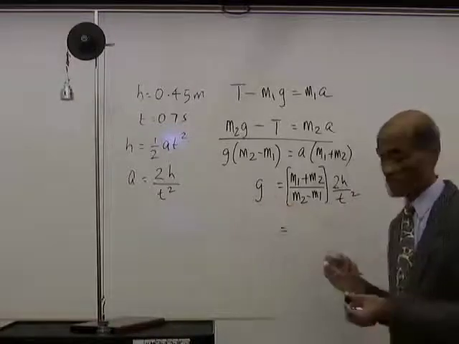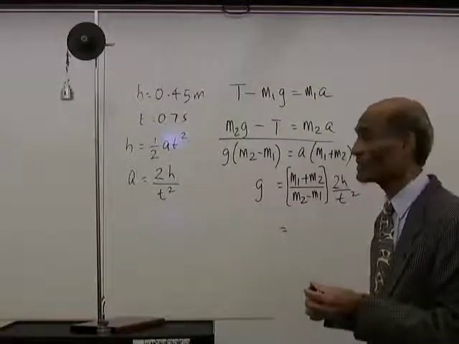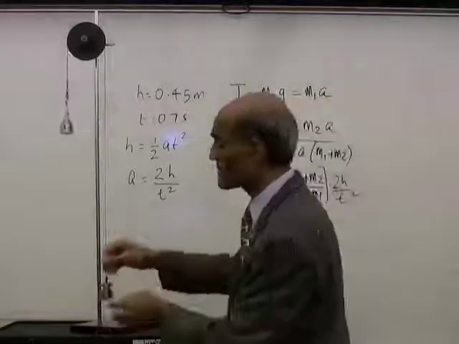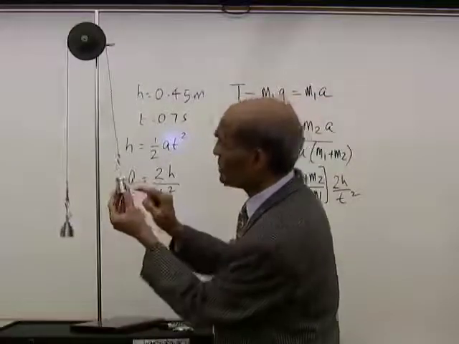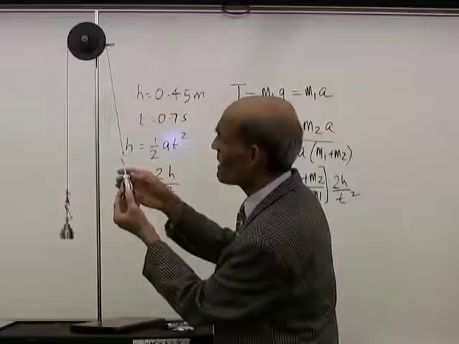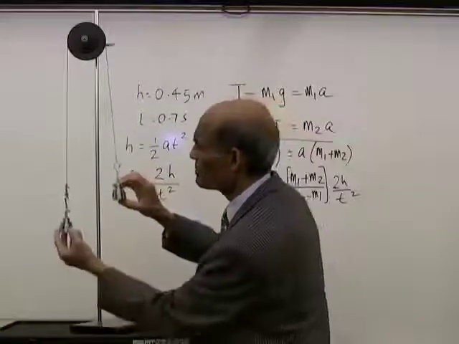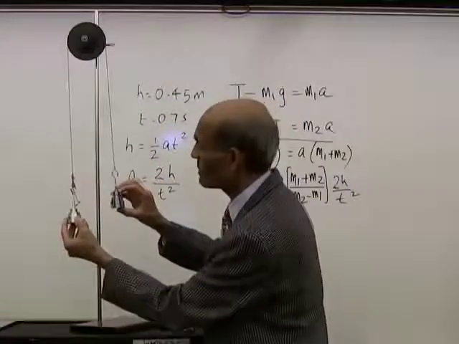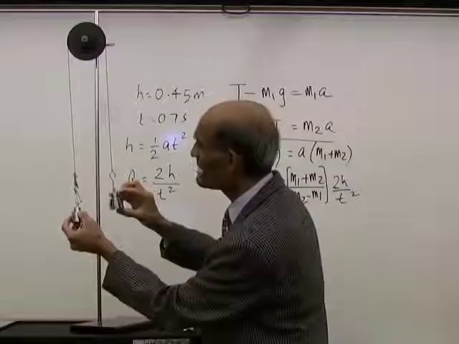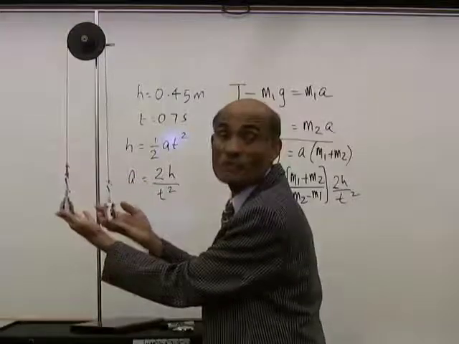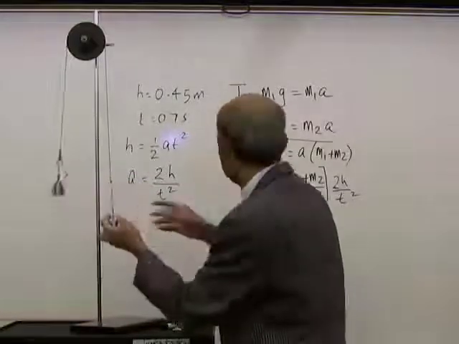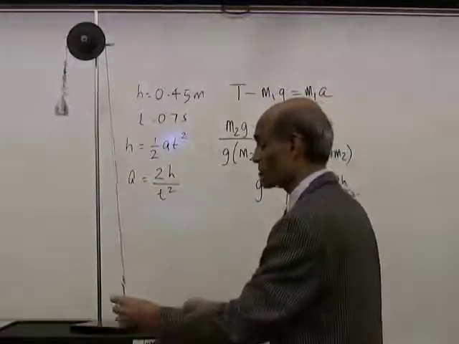Now let's calculate g using these values. m1 plus m2: there's 100 gram, 100 gram, 100 gram, 300, 400, 500, 680 grams is all together m1 plus m2.